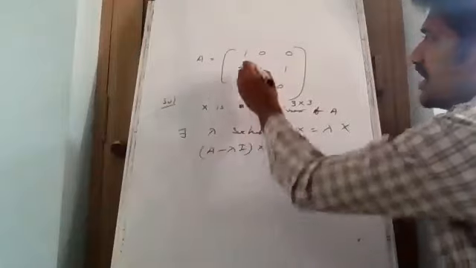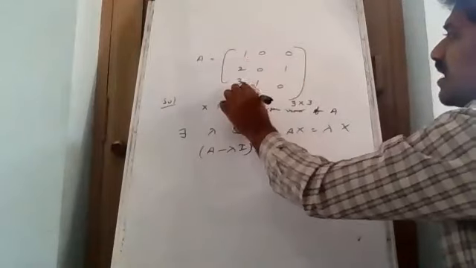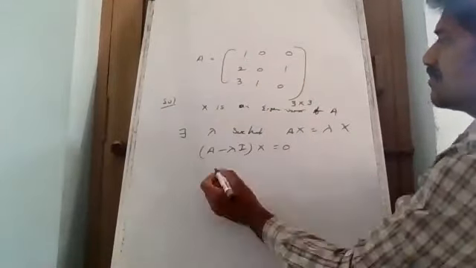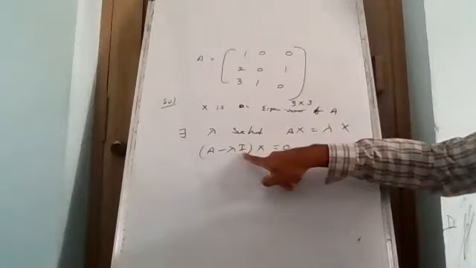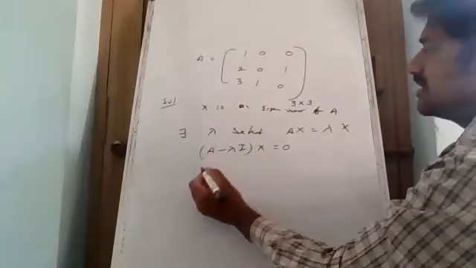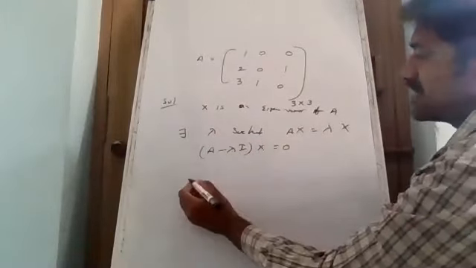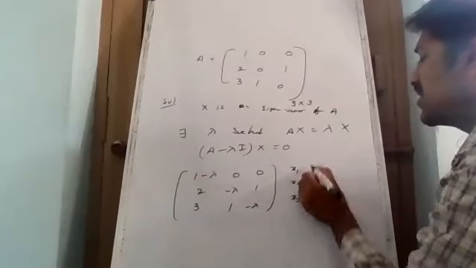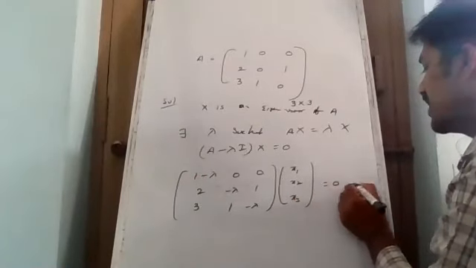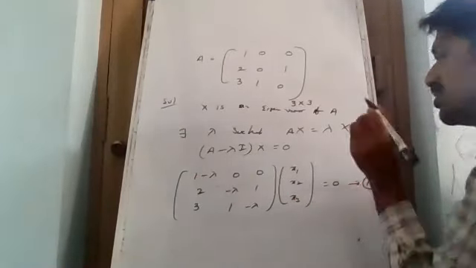Here A is 1 0 0, 2 0 1, 3 1 0, and since A is a 3 by 3 matrix, I is the identity matrix of order 3. Then A minus lambda I becomes [1 minus lambda, 0, 0; 2, minus lambda, 1; 3, 1, minus lambda] into x1, x2, x3 equals 0. Let it be equation number 1.